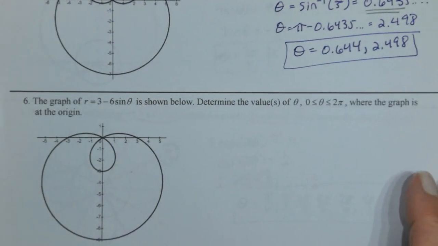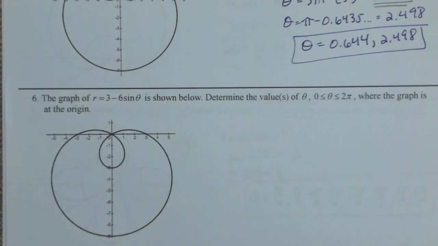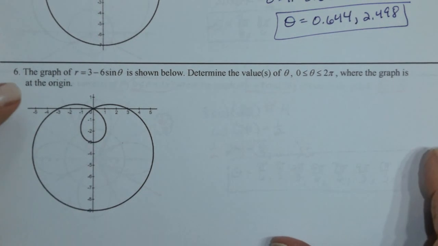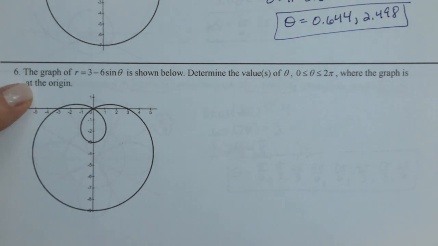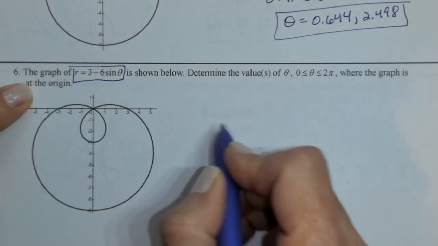This one is no calculator, so only use a calculator if it says so in the problem. Otherwise, no calculator. Give me exact answers. The graph of this is shown below.